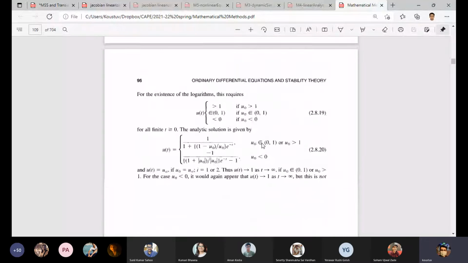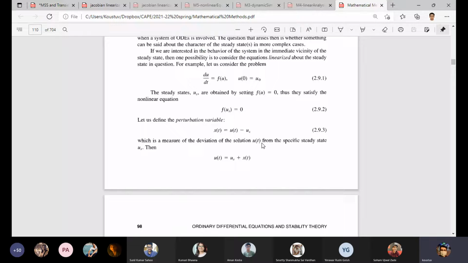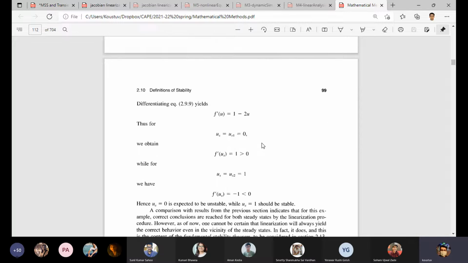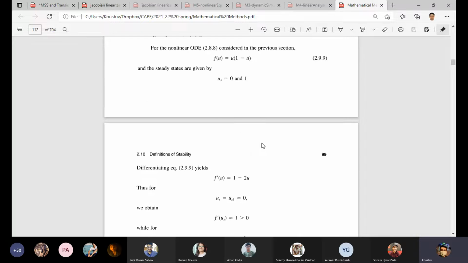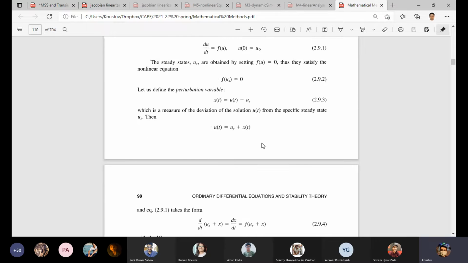We did the graphical analysis in the previous class, and we have seen that it shows some understanding, but this does not guarantee a stable point or unstable point. Now let us do one thing.